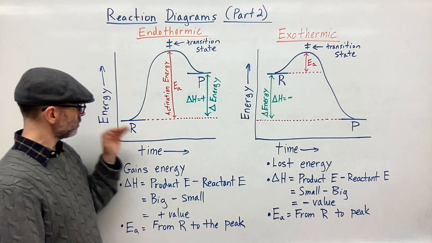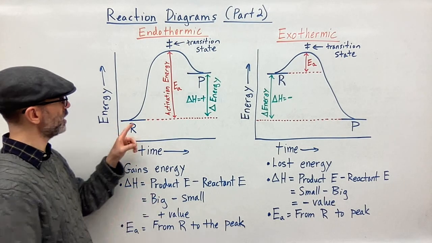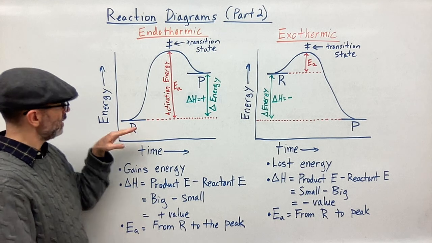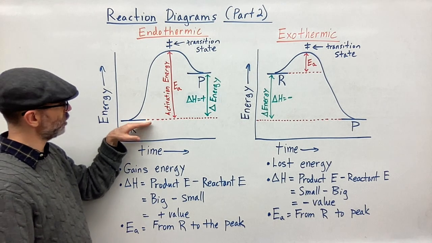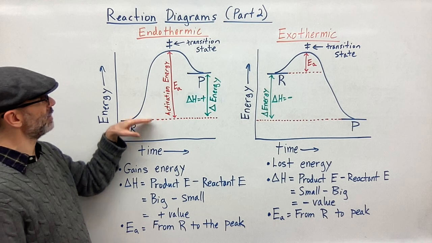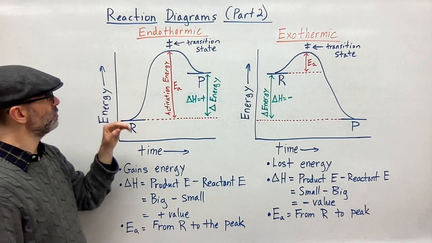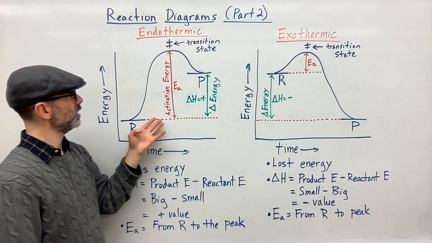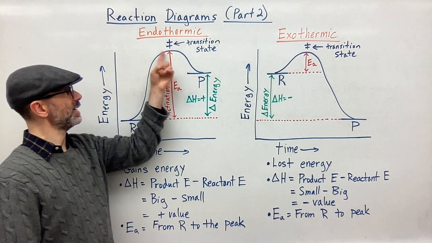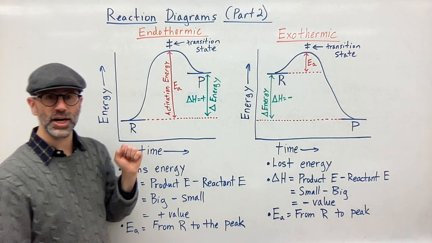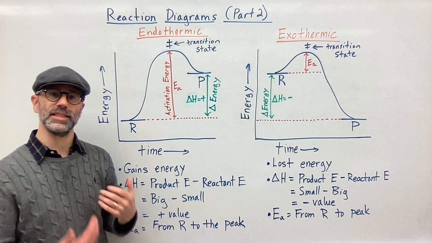A couple of things I want to point out here: the difference between the energy of the reactant and the top of this hill is called the activation energy. This double cross sign here represents what is called the transition state.